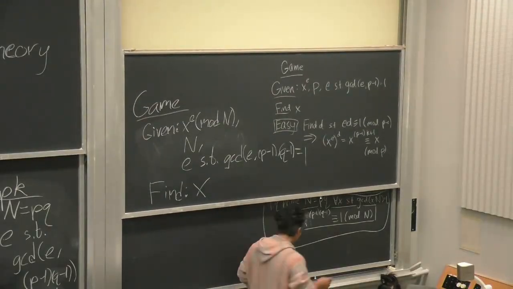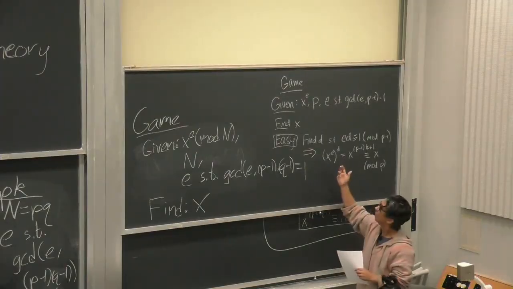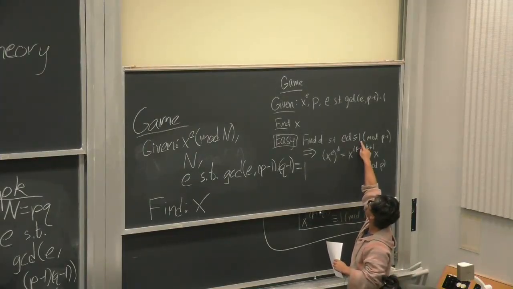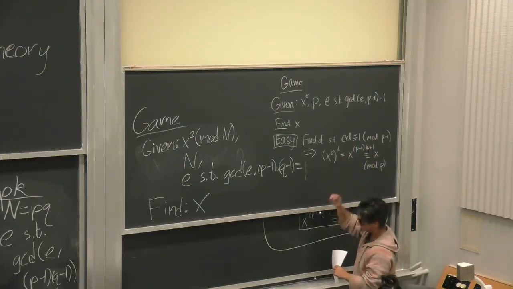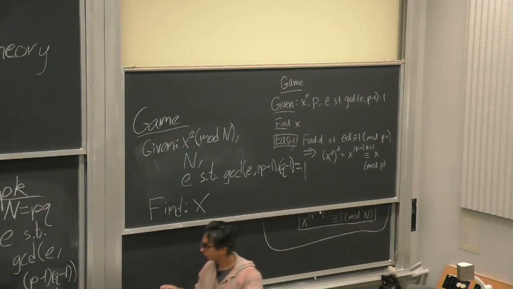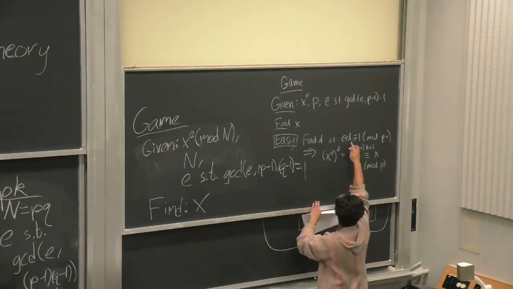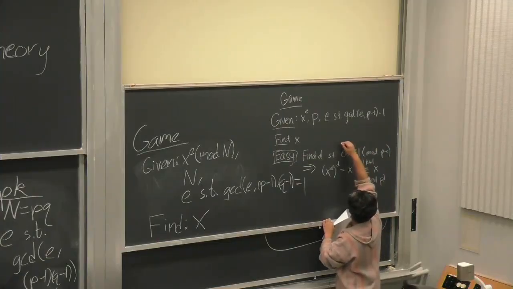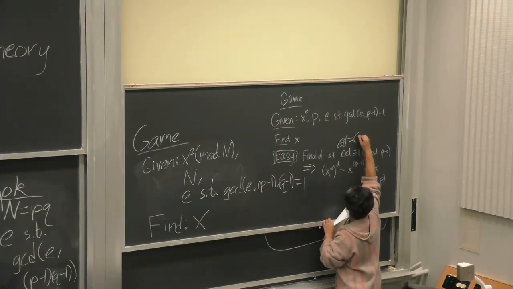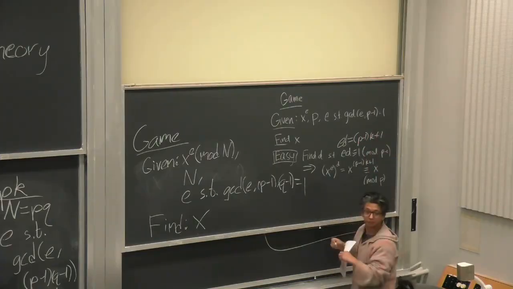Yeah. So this here was just to show how you would solve it. If you find E times D congruent to 1, what that means definitionally is that E times D is congruent to 1 mod P. So E times D being congruent to 1 means E times D is a multiple of P minus 1 with a remainder of 1.